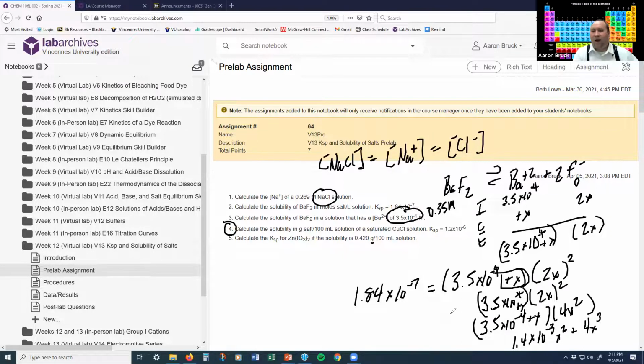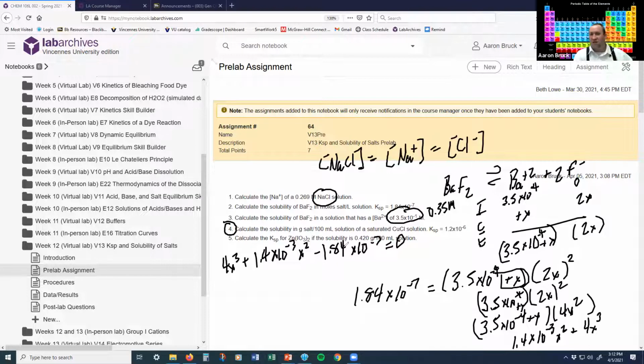And so I end up having to do a complicated calculation where I'm going to have to make a cubic equation. The cubic equation, 4x cubed plus 1.4 times 10 to the negative third x squared minus 1.84 times 10 to the negative seventh is equal to 0.